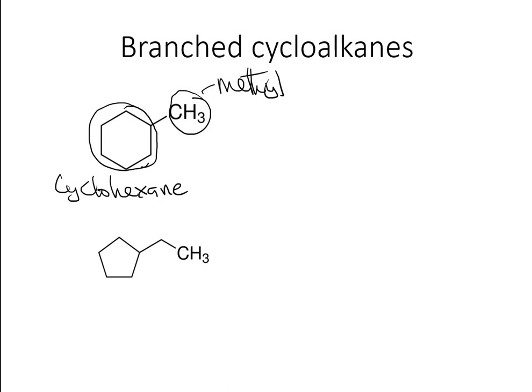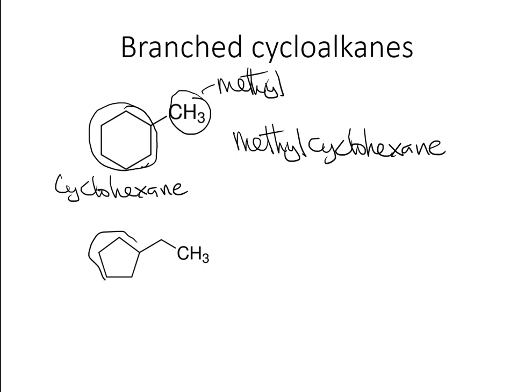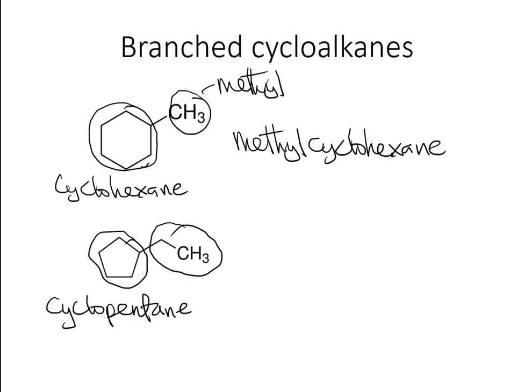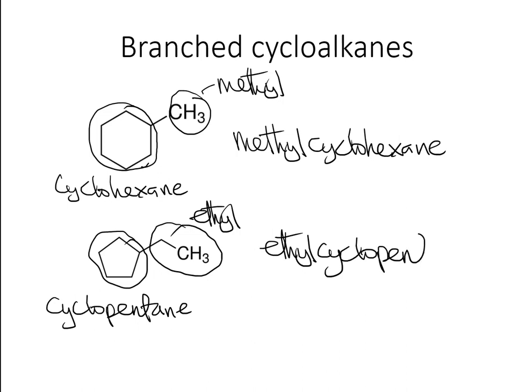So the whole molecule is methylcyclohexane. This one, the parent here is cyclopentane. Now the branch here is ethyl. So this molecule is ethylcyclopentane.